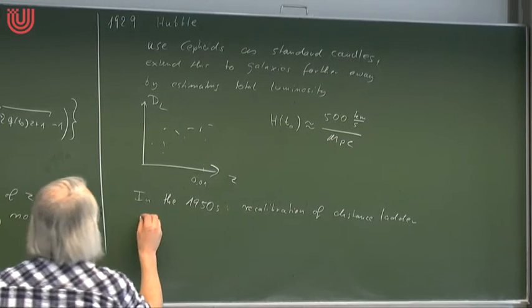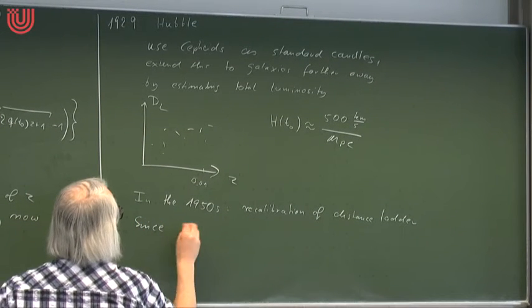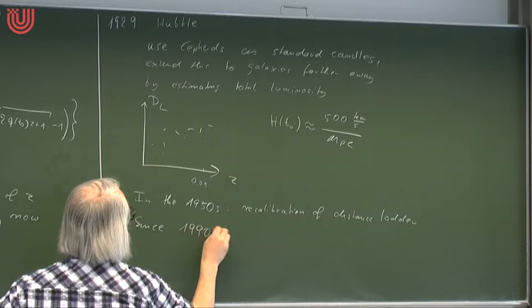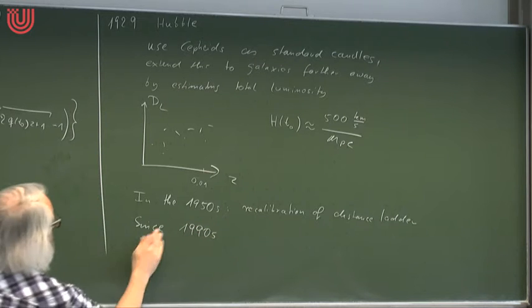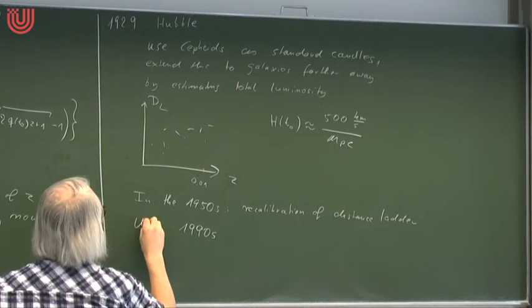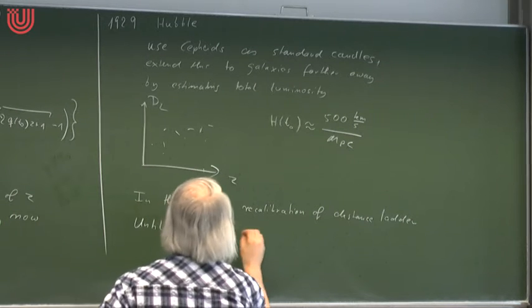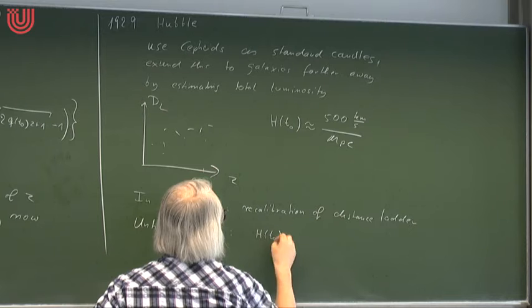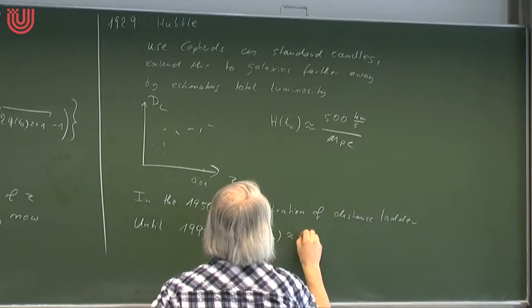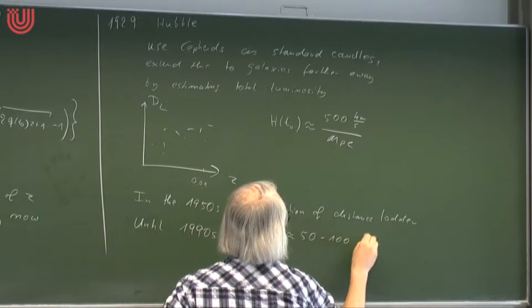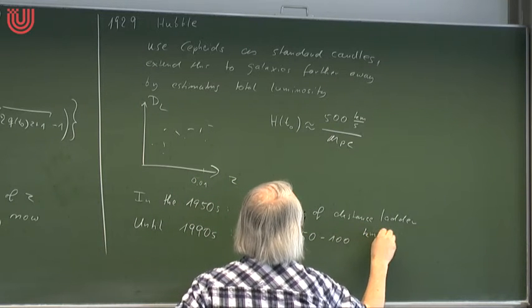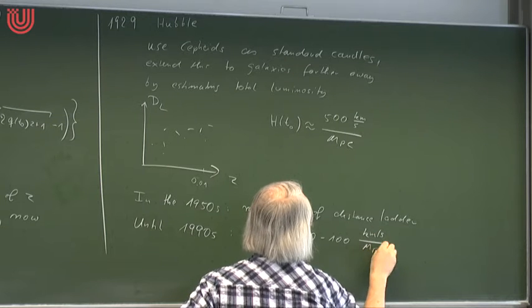And then it was since the 1990s. We then believed that the Hubble constant had a value between 50 and 100 kilometers per second per megaparsec.